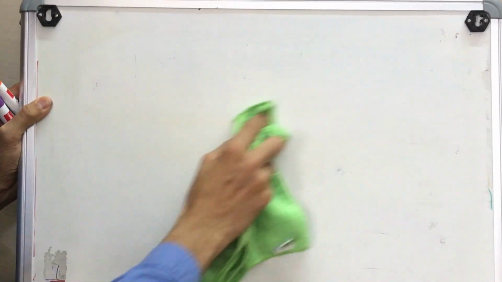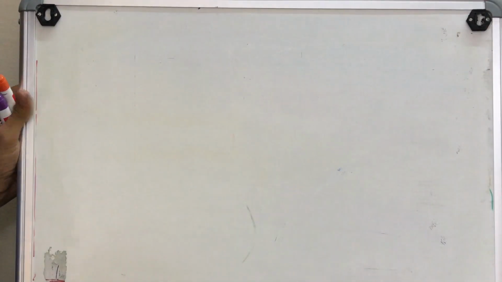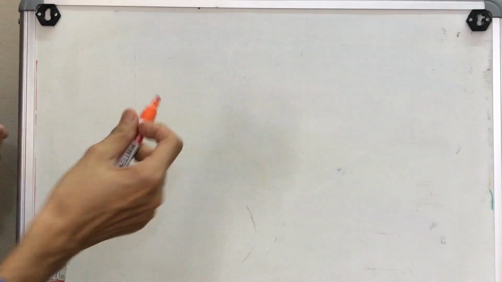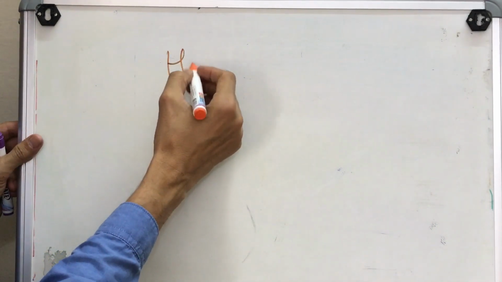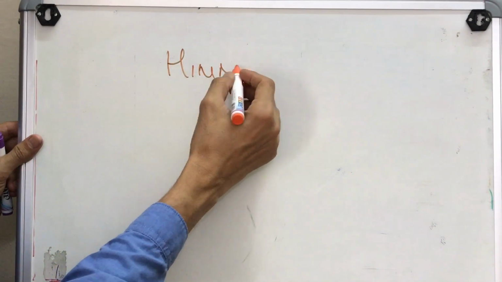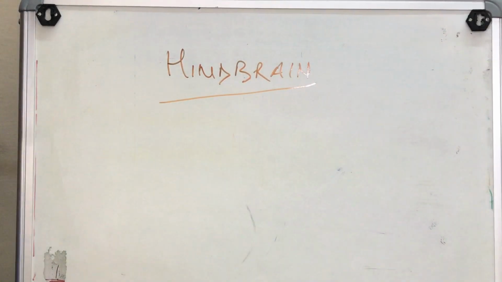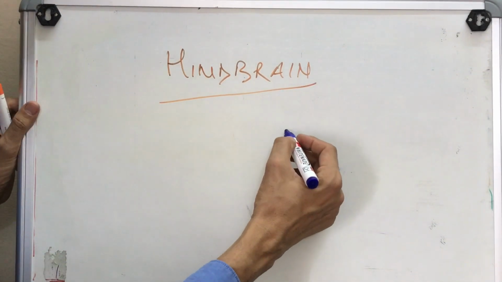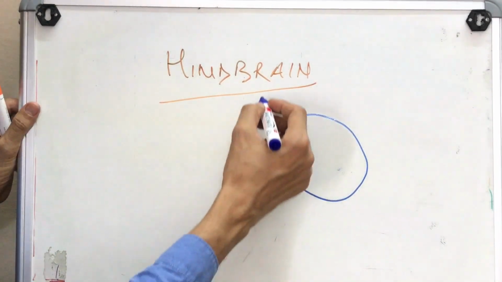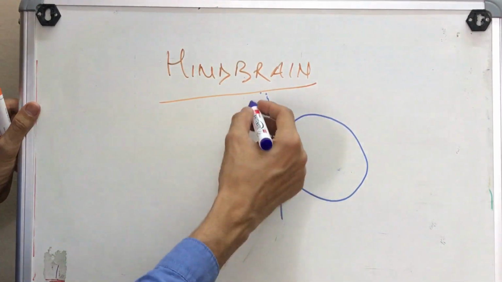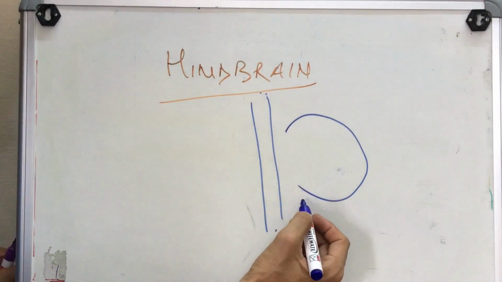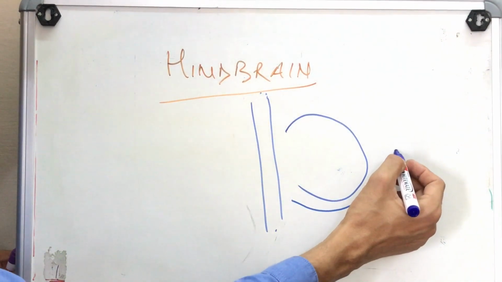It is also known as little brain or hind brain, right? Because it is present in the posterior cranial fossa. If this is the cerebellum and this is the brainstem going, it is present in the posterior cranial fossa.